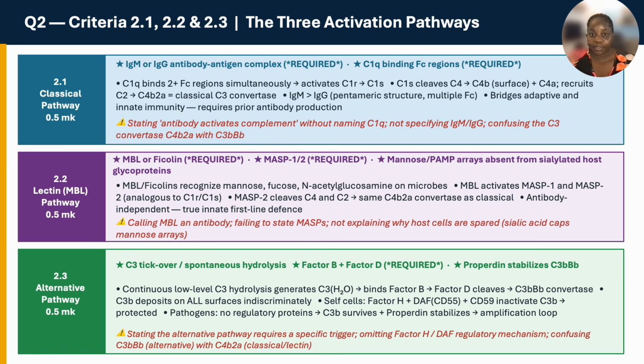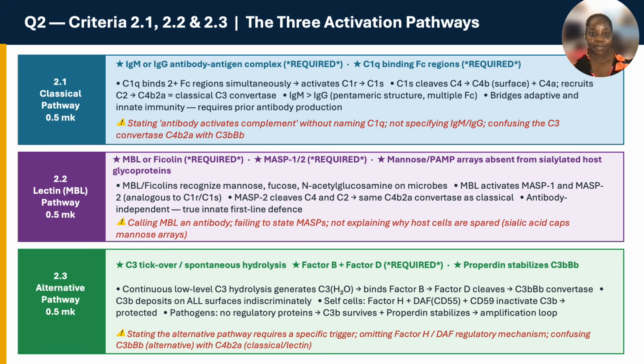So it's always on. On self cells, factor H or DAF will rapidly inactivate C3b, but on pathogens which lack these regulatory proteins, C3b survives, will recruit factor B and form the C3bBb convertase.